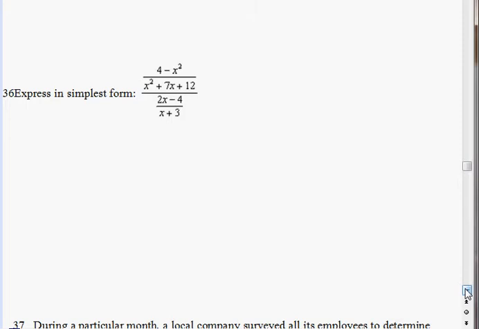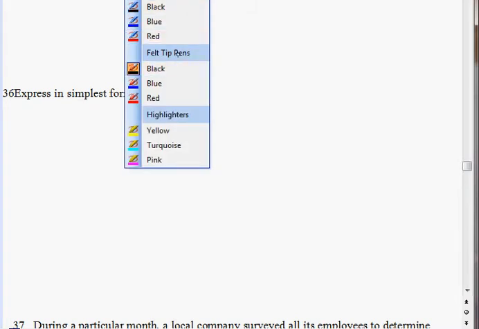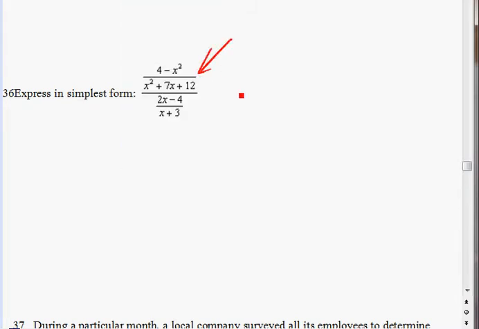Okay, let's take a look at the next one. Expressed in simplest form. Wow, there are a lot of long polynomials and binomials here, and usually when these questions come up, you probably need to factor. So we have this fraction divided by the bottom.